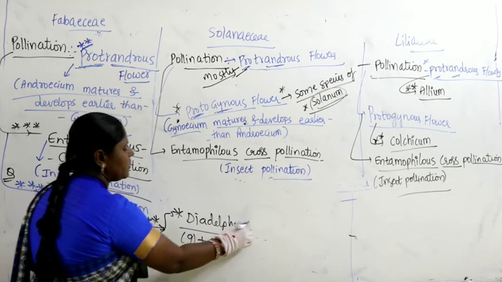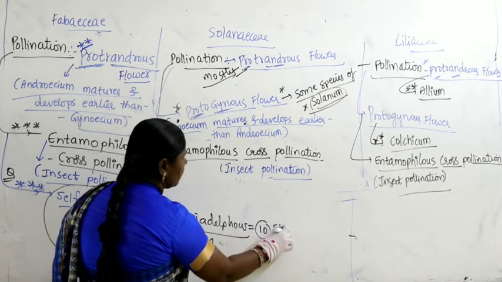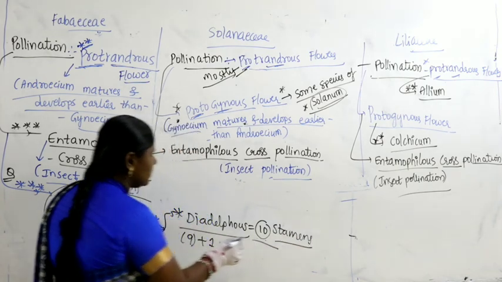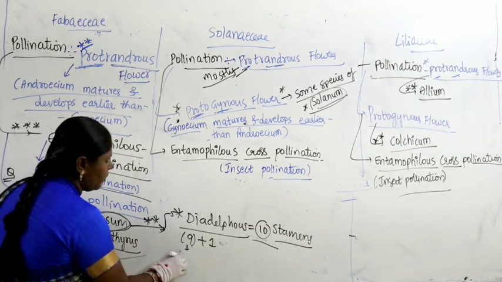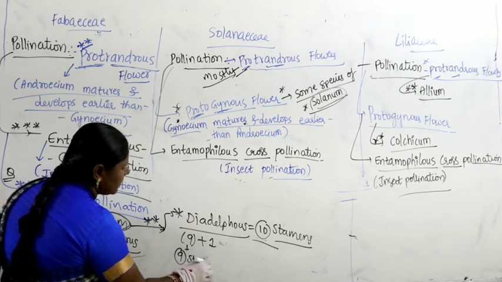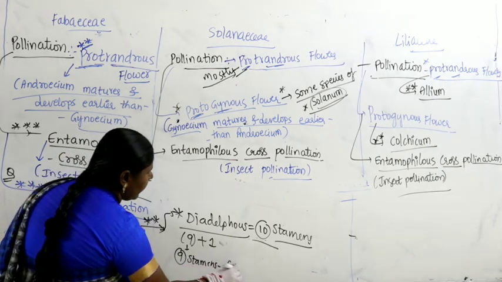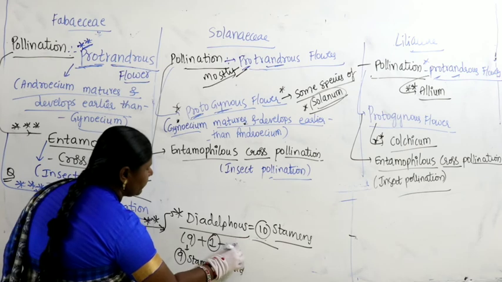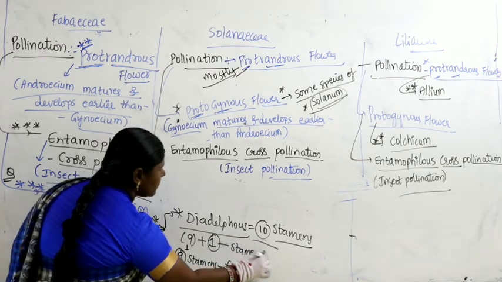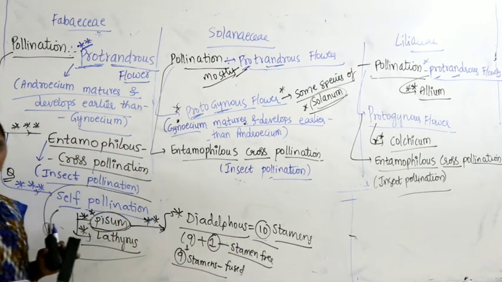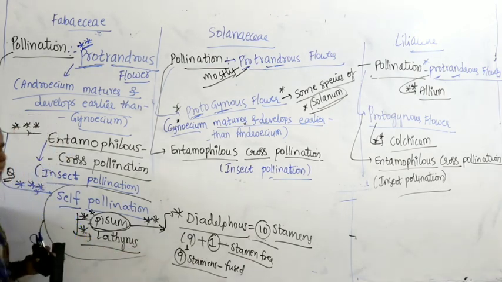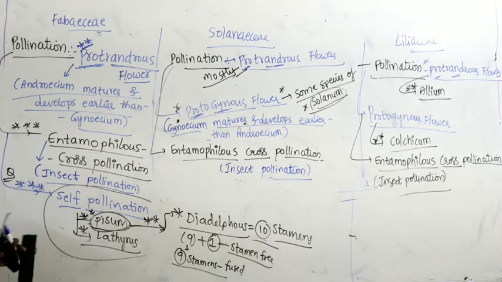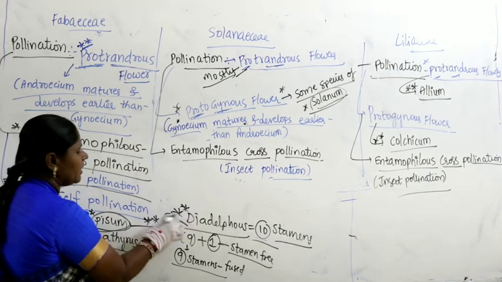Total number of stamens found are 10. Out of the 10 stamens, 9 stamens are fused and only one stamen is free. So the condition is said to be 9 plus 1, diadelphous condition.